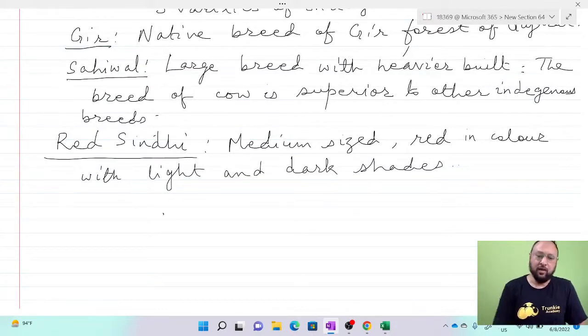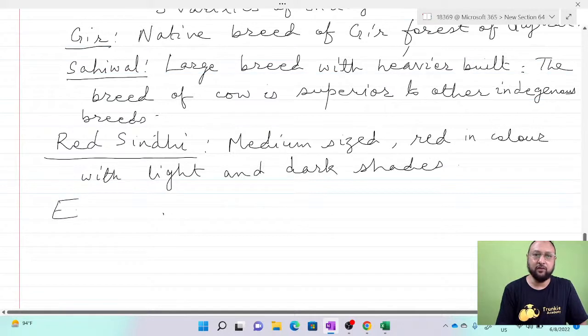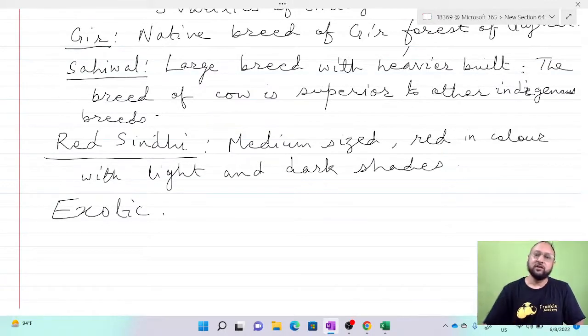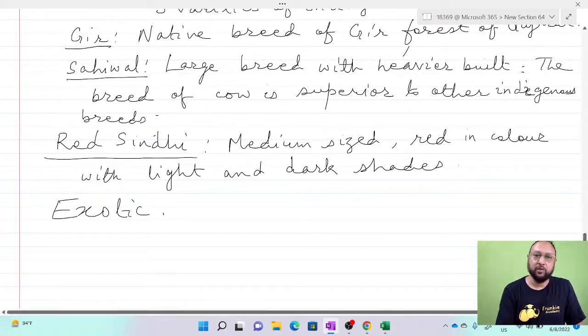Now we have some exotic breeds also, and exotic means not indigenous. These were brought from other countries and have now been acclimatized in India, and they are used for producing good quality and large quantity of milk.